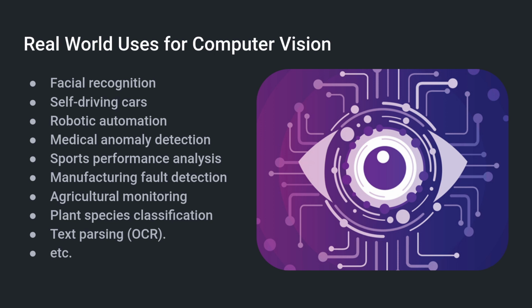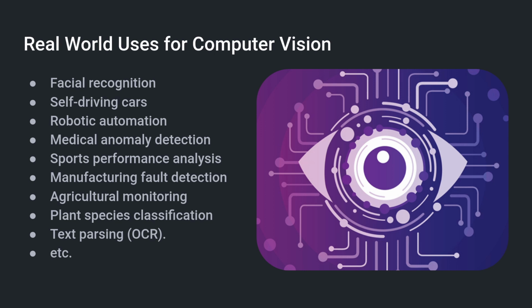Also, self-driving cars. Self-driving cars have many different sensors, but also cameras. And with these, it's able to detect what specific objects are around it. So it can detect if there is a person, or if it's a car that's beside it or in front of it, or a tree.